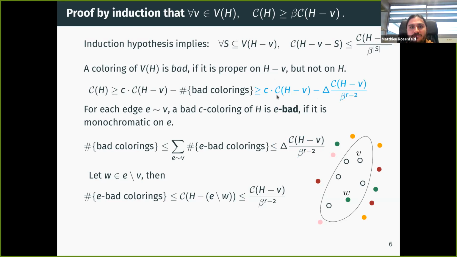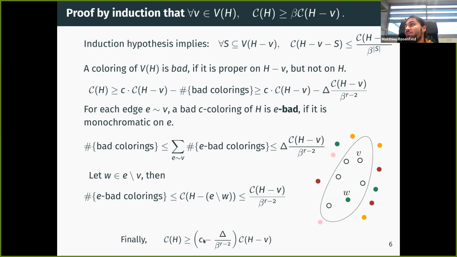I will just factorize by the number of proper colorings of H minus V. This is going to be on the bottom of the slide, right? So this is what I obtained. The number of proper colorings of H is this quantity times the number of proper colorings of H minus V. Now, what was my hypothesis?